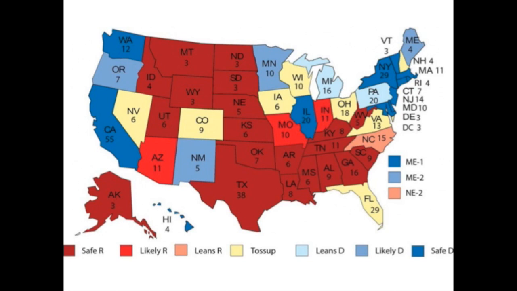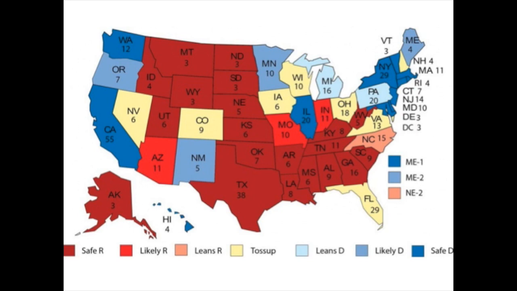If you look at the dark blue, or any of the blue states, they are typically states that lean towards the Democratic Party. The states that are red typically lean towards the Republican Party. So if you look, you can see that each state has a number written underneath or next to its abbreviation.